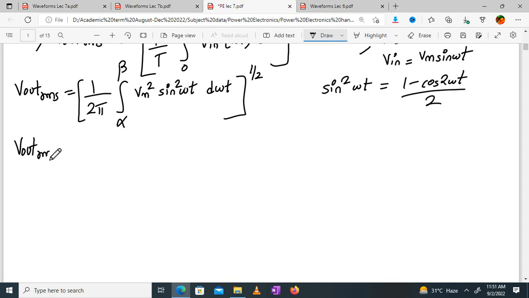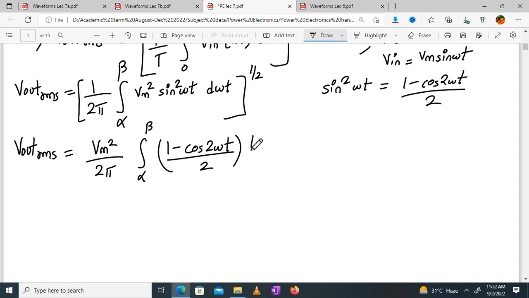So V out RMS will be equal to, here you will have Vm square outside because that's a constant. Then integral alpha to beta 1 minus cos 2 omega T upon 2, correct, into d omega T, the whole raised to half.